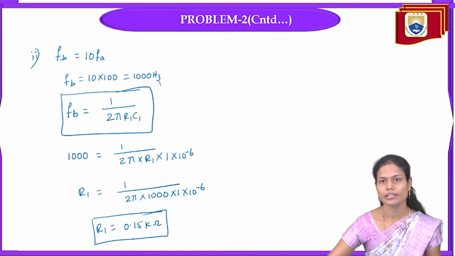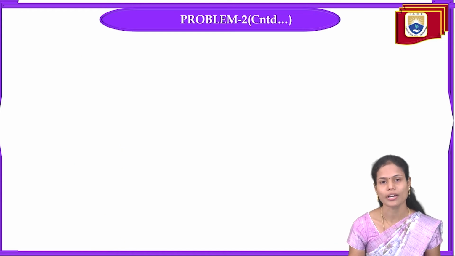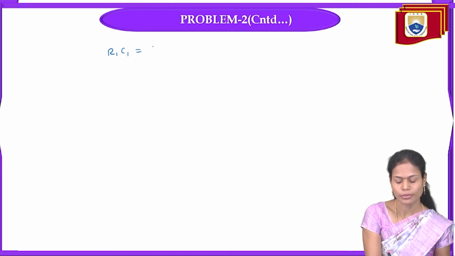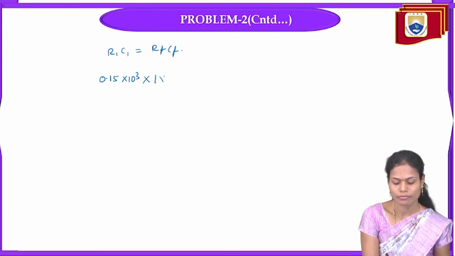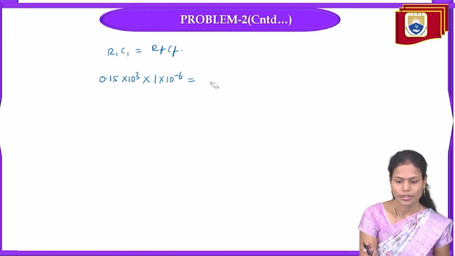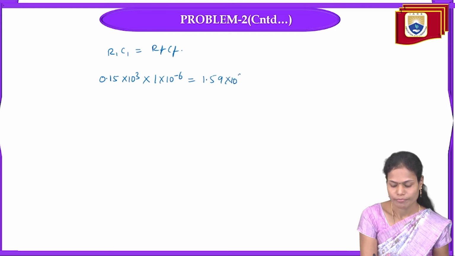Next, from the relation R1 C1 equal to RF CF, we can find the value of CF also. R1 is 0.15 into 10 power 3, C1 is 1 microfarad, and RF we took as 1.59 kilo ohms.